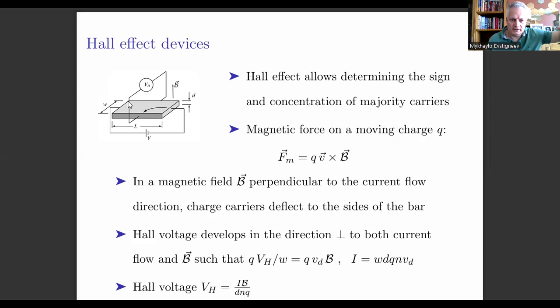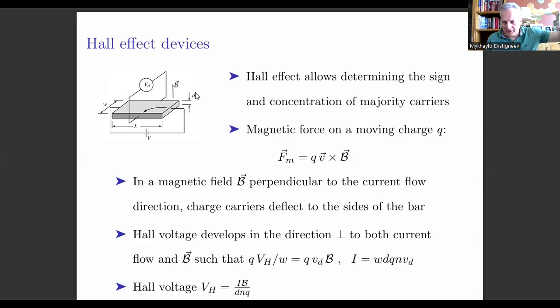The opposite side will be depleted of electrons. It will charge up positively. As a result, a voltage will develop in the direction between these two sides, this one and this one, in the direction perpendicular to the flow of the current and the magnetic field B.